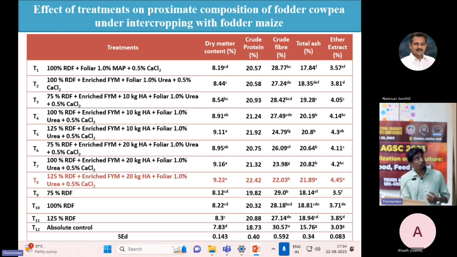In the case of the water crop also, the proximate composition of dry matter, crude protein and crude fiber was found higher in the T8 treatment, that is 125% of the recommended dose of fertilizers, along with the enriched FYM and 20 kg of humic acid, and the foliar application of other treatments.